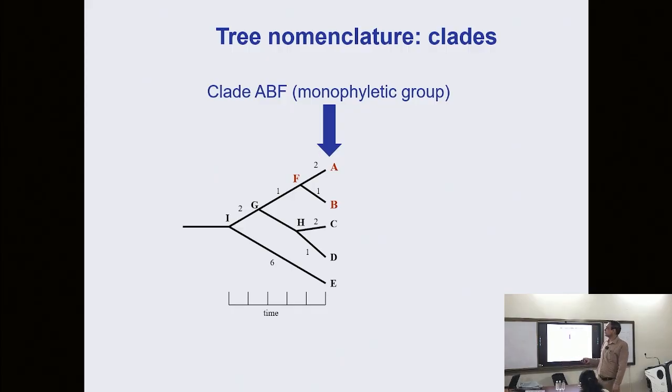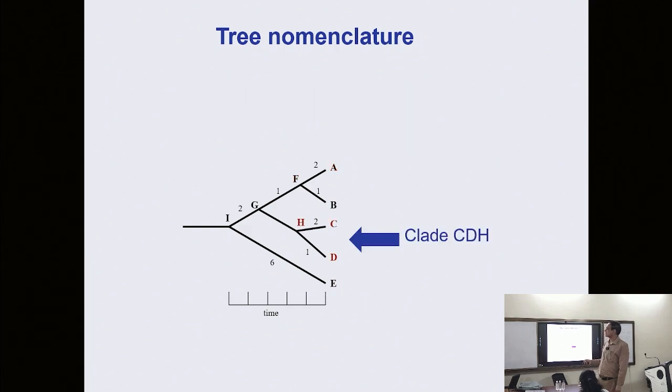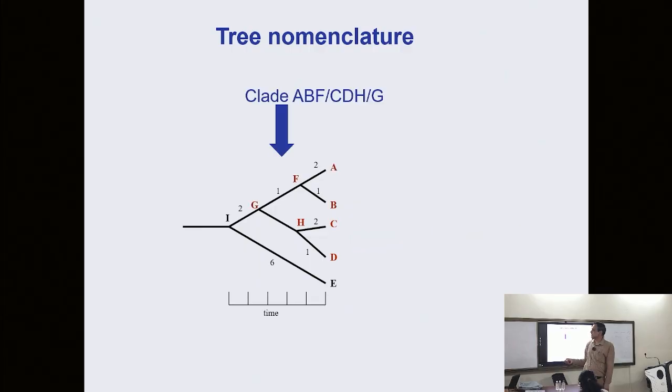And now if your common ancestor is H, the clade would be CD. If the ancestor would be G, then you have to include all descendants from G. So that would be ABF, CDH, including G also. So this is also a clade, a larger clade. And then if you include I, then you have included everything. Okay. So that is the biggest clade that you can have.